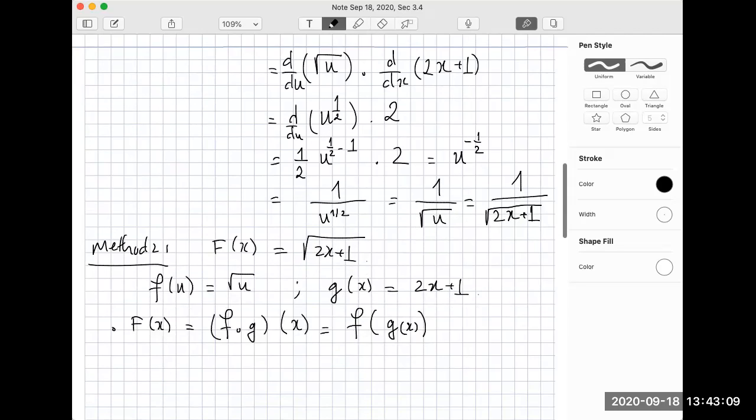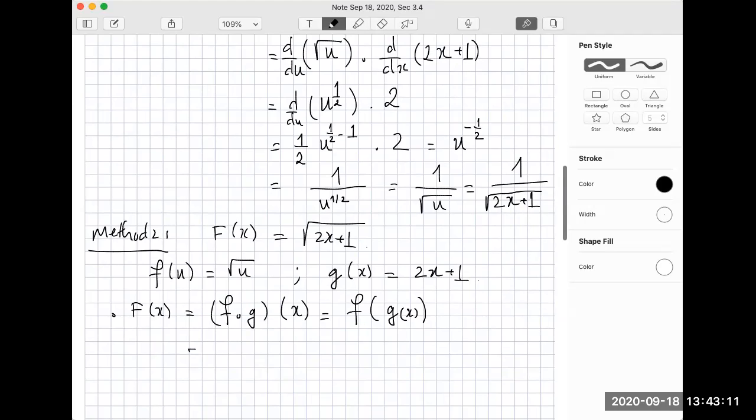If you want to double check it, let us write it clear. And we see that g of x is 2x plus 1, right? So f of 2x plus 1. Now the input is 2x plus 1. The output should be square root of the input. Yeah, it makes sense.